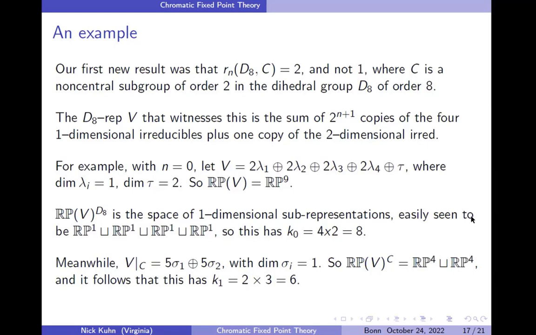The mod 2 homology of RP4 is 5-dimensional, but this differential gets rid of 2 dimensions, so the total size here is just 3, and 2 times 3 is 6. You may notice 6 is less than 8. And so we just proved that this blue shift number is 2, not 1.